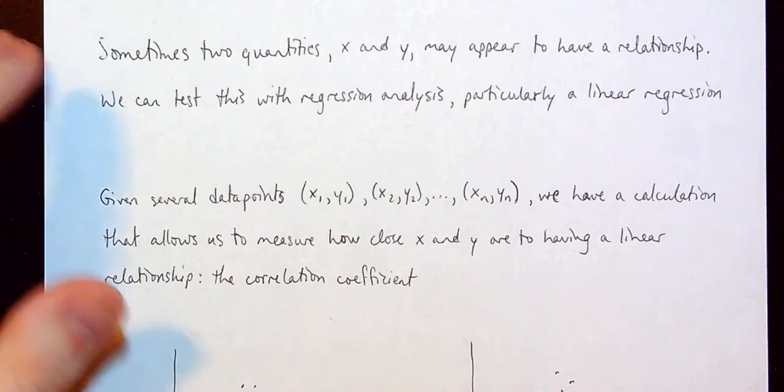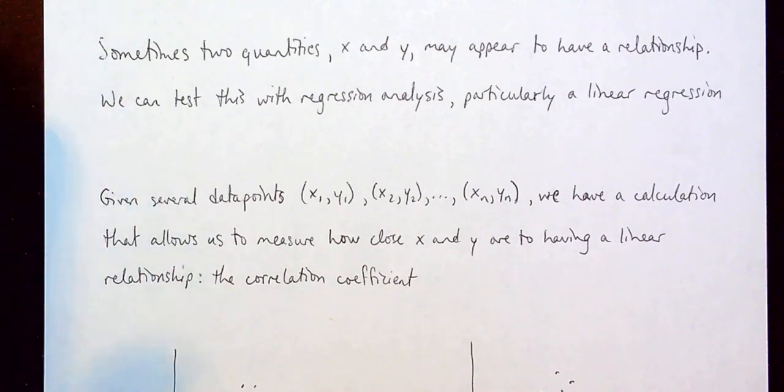The correlation coefficient tells us how strong of a linear relationship the two quantities x and y have. They can have a positive linear relationship, which says that as one goes up, so does the other. They could also have a negative linear relationship, which is as one goes up, the other one goes down.